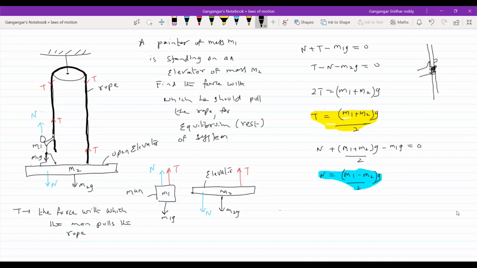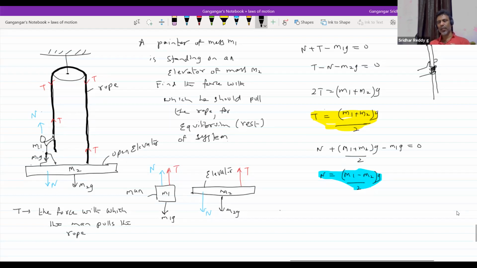I'll be pulling that rope. So here there'll be friction now. Tell me how that friction acts. I should try to slide my hand down, no?